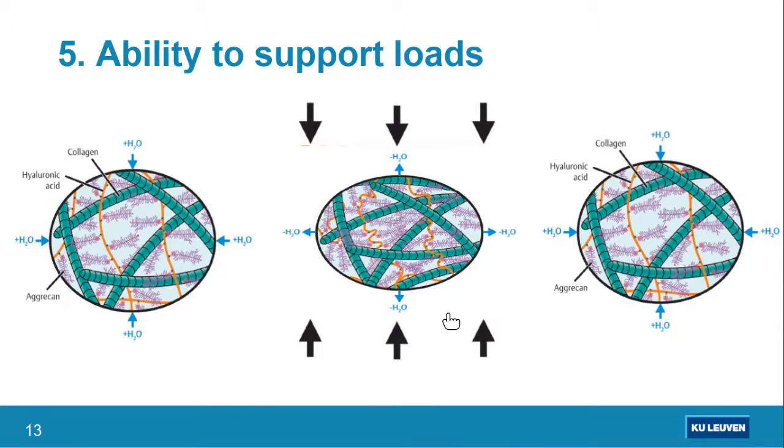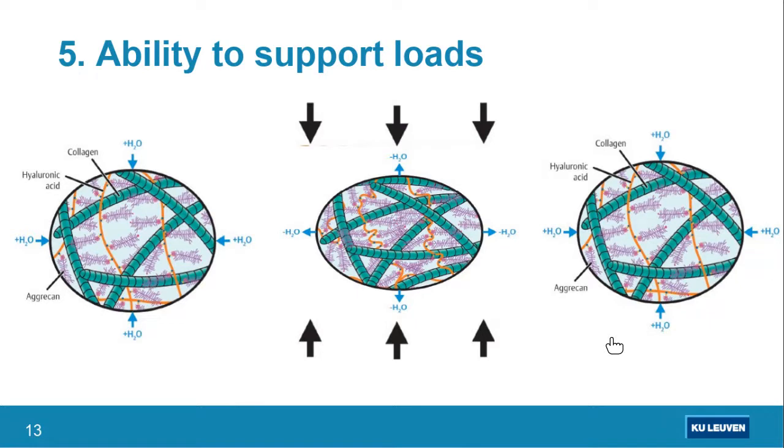At the moment that this loading or mechanical stimulus disappears, the water is going to rush back to the aggrecan for a few main reasons. One is that water is going to move in favor of the concentration gradient, from a high concentration to a low concentration. And then because the aggrecan, which has these negative charges, is going to attract the water molecules.